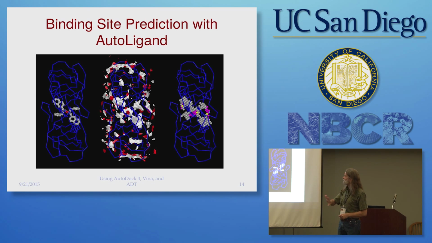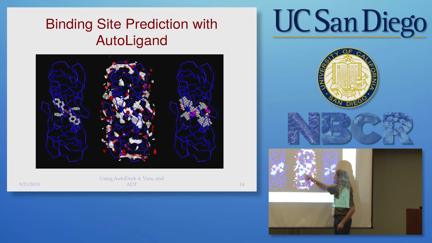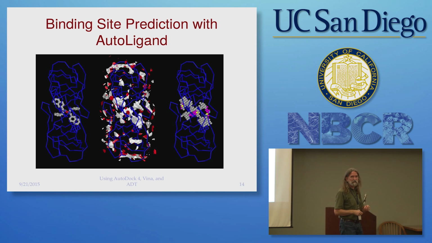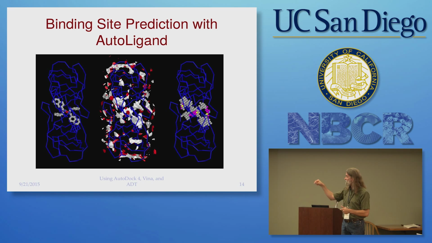And so what the AutoLigand software does is it goes into this confusing map and looks for the best big continuous chunk of that affinity and says, this is what we think is the best place for building an inhibitor. This is what we think is the best guess for what the active site is for the enzyme. So that tool is available as well.